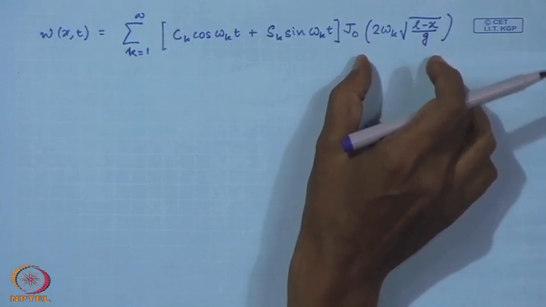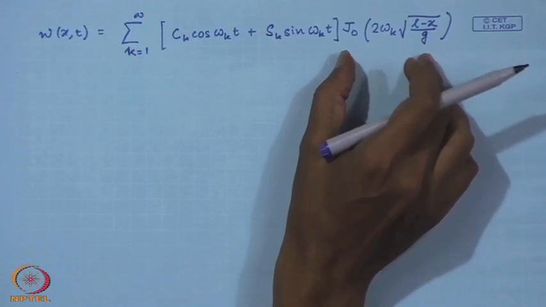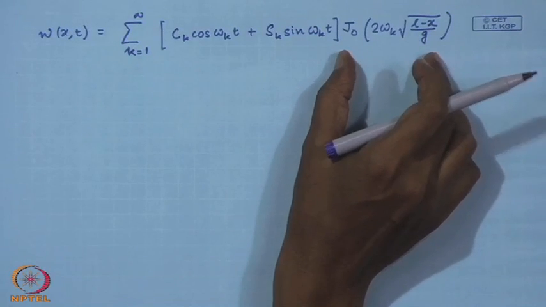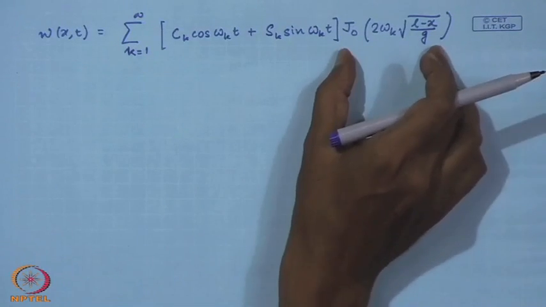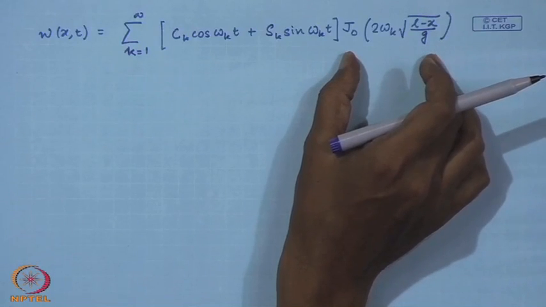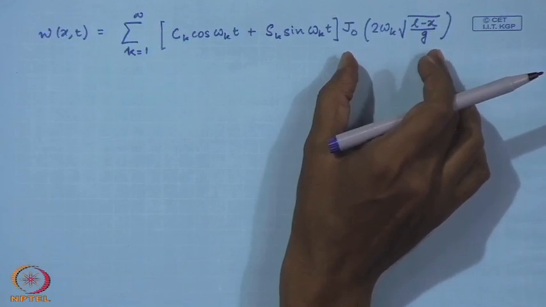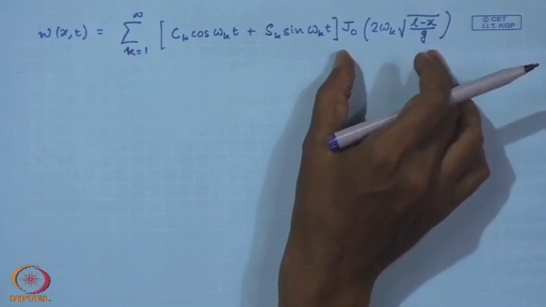These represent the modes, these are the eigenfunctions, and the modes of vibration of a uniform hanging string are defined by these eigenfunctions.